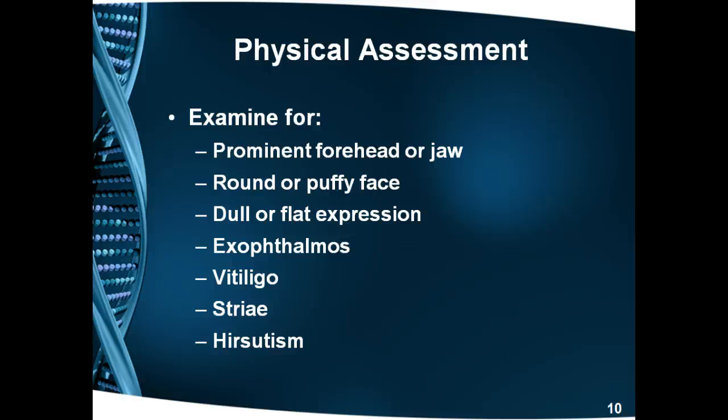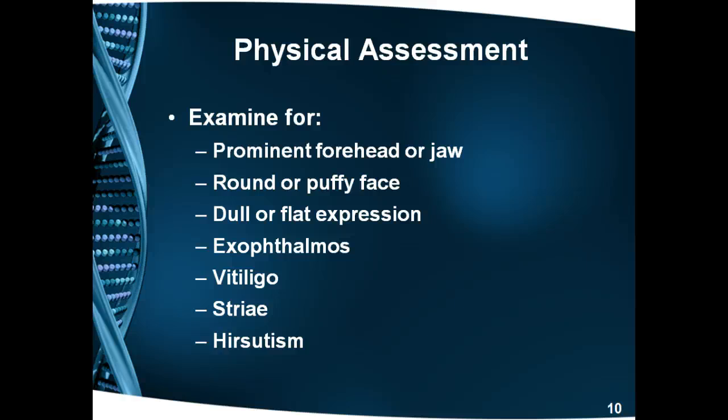Striae is reddish-purple stretch marks on the breast or abdomen, which might often be seen if a person has adrenocortical excess. And then hirsutism, which is basically excessive growth of body hair, especially on the face, chest, and abdomen of women, excessive hair loss, or changes in hair texture.